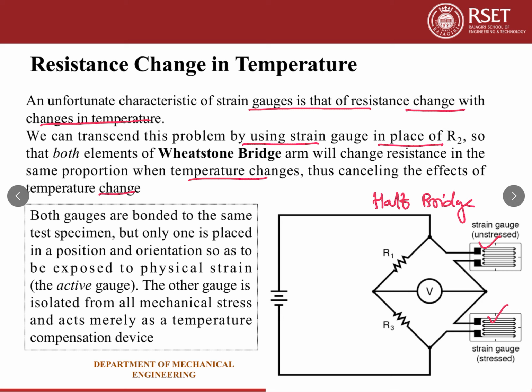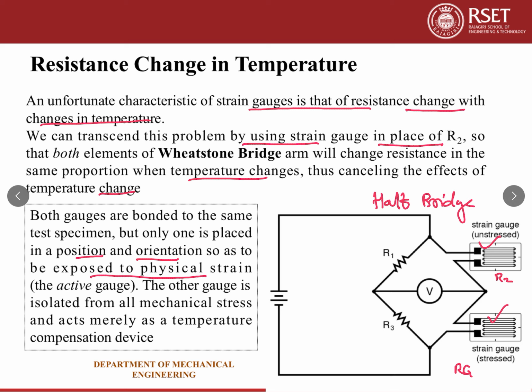So both the gauges are bonded to the same test specimen. This is R2, which is also a strain gauge. This is Rg, the strain gauge, the other strain gauge. Both these strain gauges are connected to the test specimen, but only one is placed in the position and orientation so as to be exposed to physical strain.